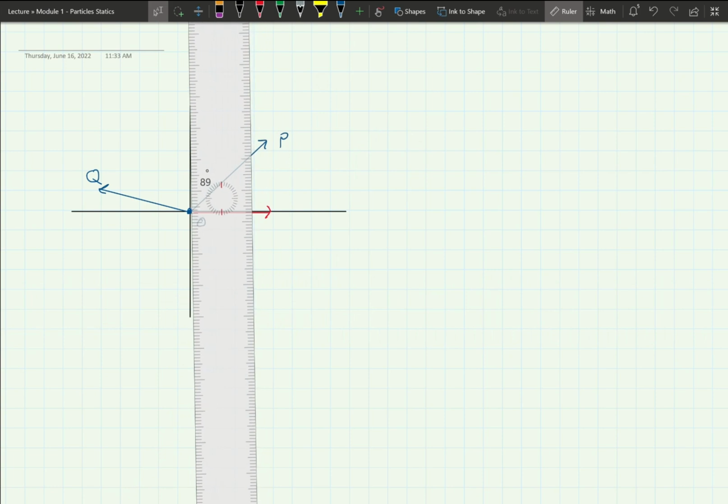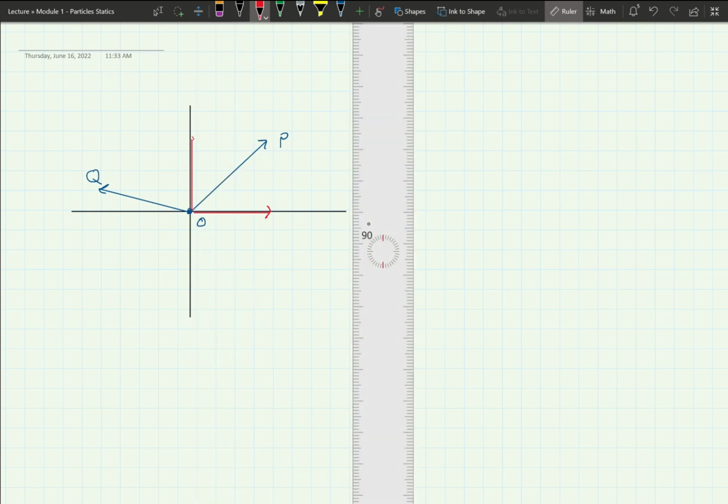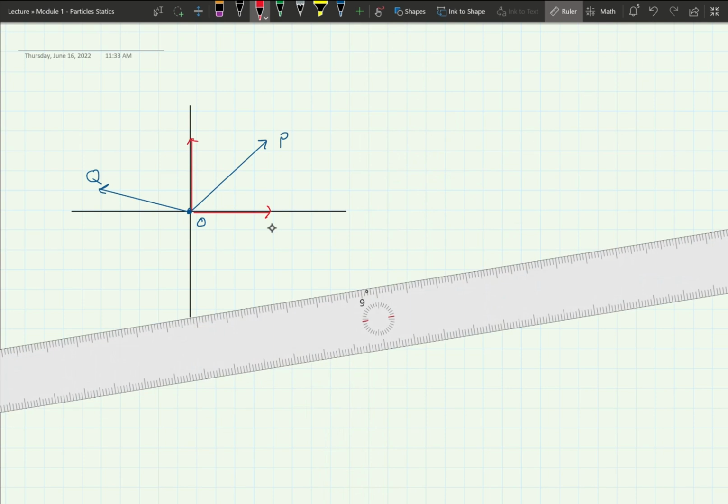I'm going to cheat this one a little to the right of this axis because I want to use the other side for the other one. There we go. This will be Px, and I'm going to put an i on it, and this one's going to be Py, and I'm going to put a j on it.